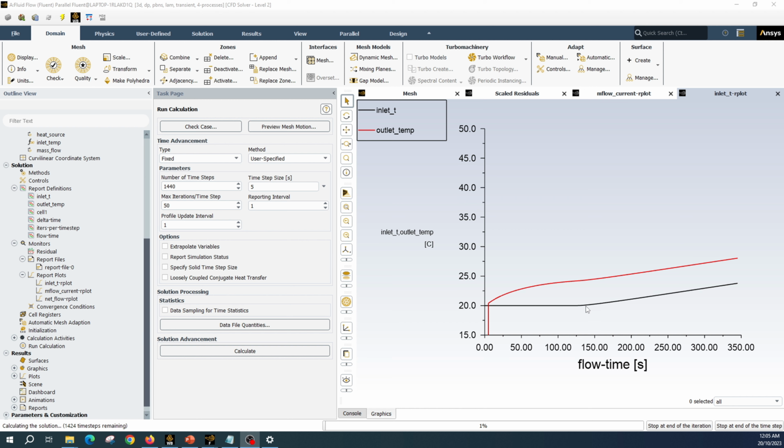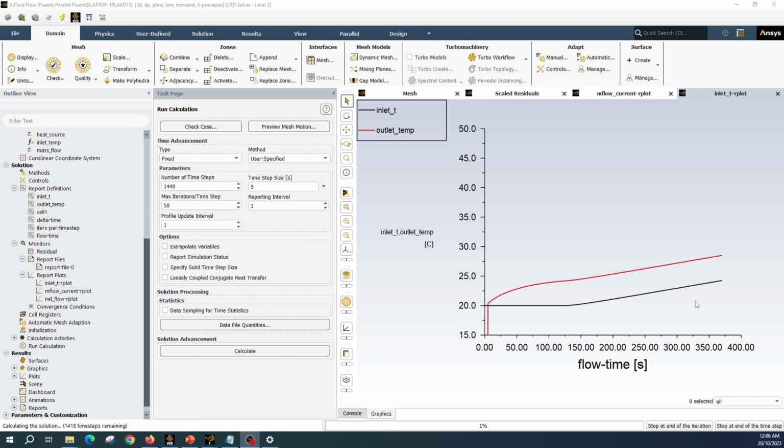So it means till this point the cooling power was enough. Whatever the outlet temperature, it was able to cool down to 20 degrees Celsius. After this, the outlet temperature is higher, so it can cool down only up to this much, and the inlet temperature is increasing based on the outlet temperature. So this simulation is more realistic and it takes into account the circulation of the cooling fluid.